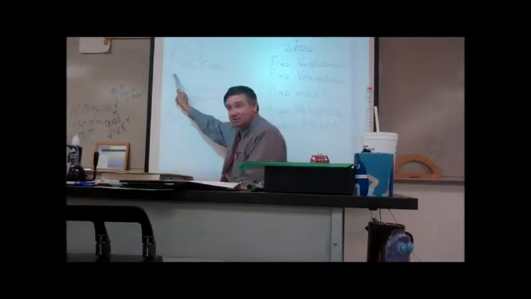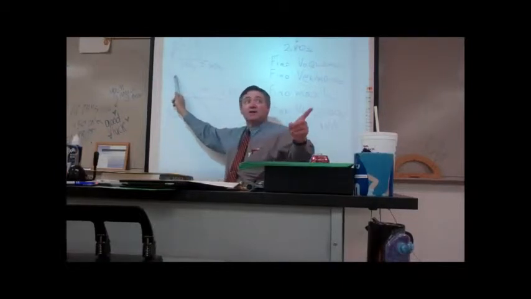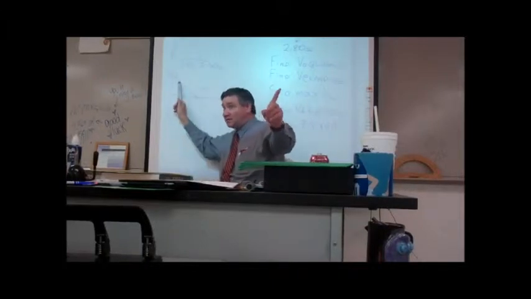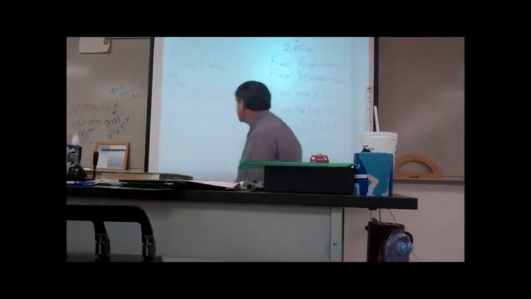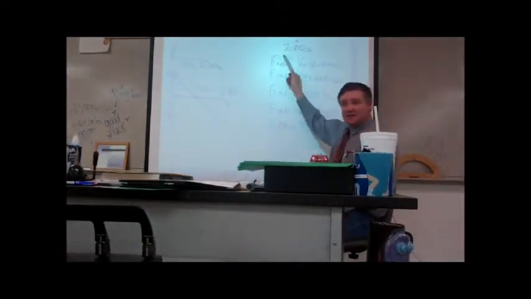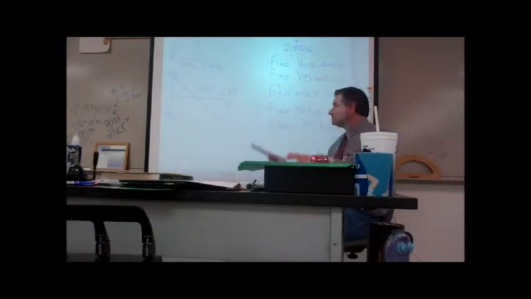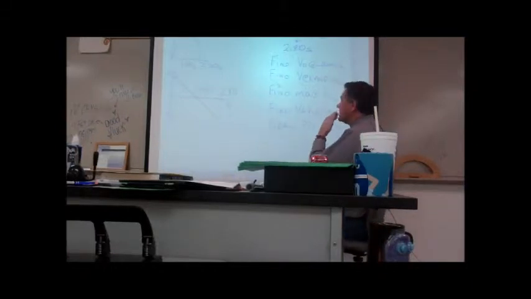So as soon as I find this point, guess what? I know what this point is. Once I find one, I know the other. So this is basically asking for the same number, but they're going to be opposite signs. All right, so we got that going for us.